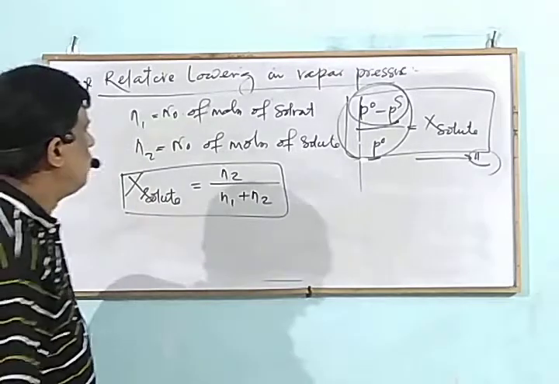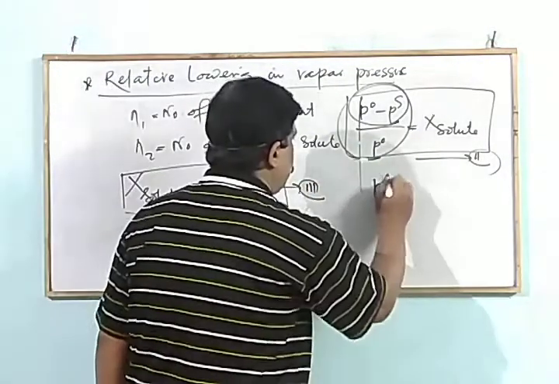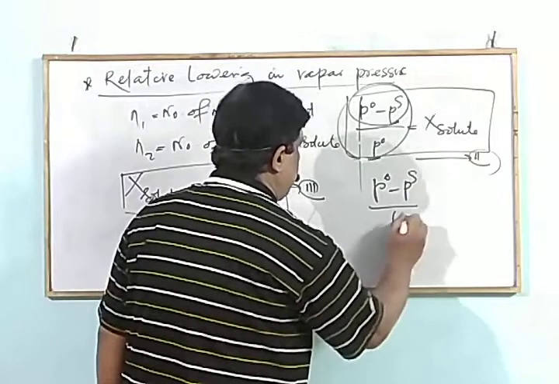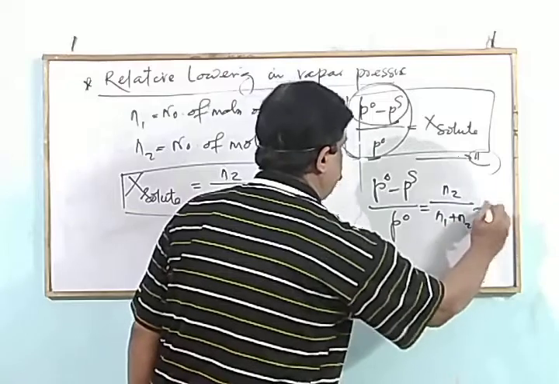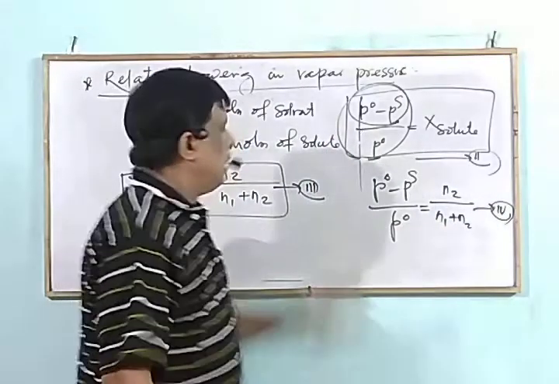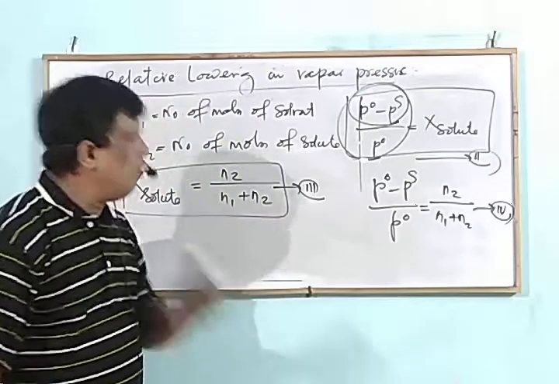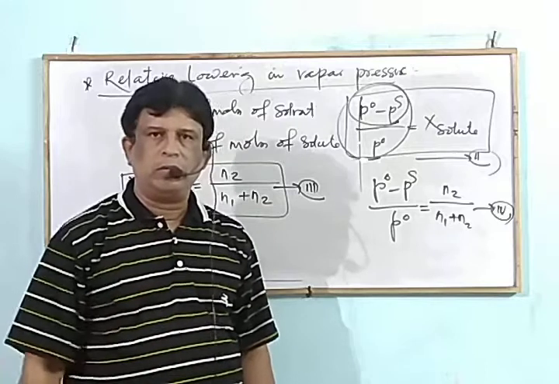Mark that. So putting this value, equation 3, in equation 2, we have P naught minus Ps by P naught is equal to N2 by N1 plus N2, equation 4. Again, what is N1? That is the number of moles of solvent. What is N2? Number of moles of solute.